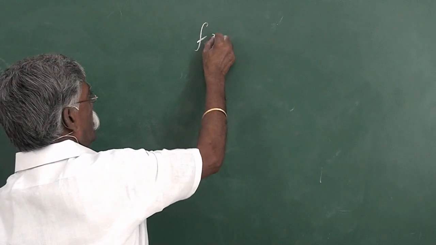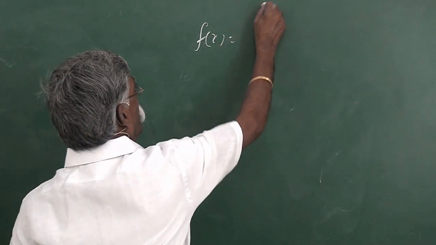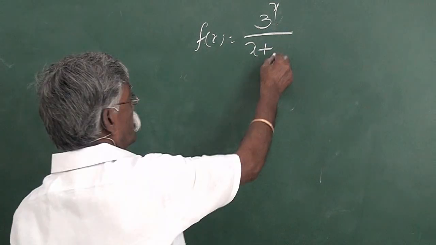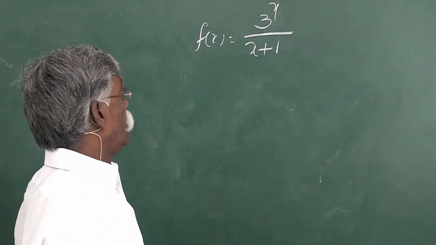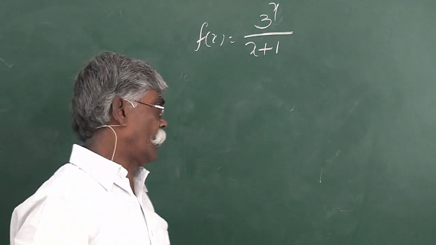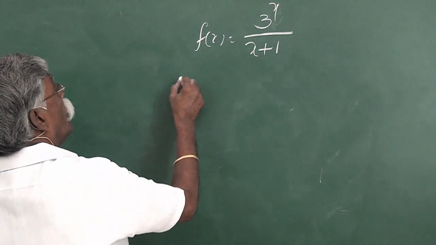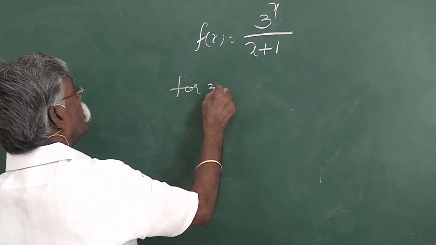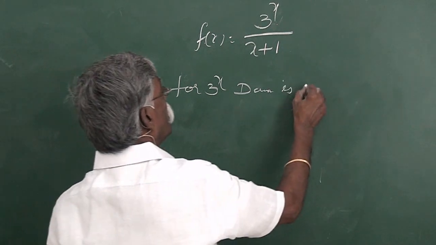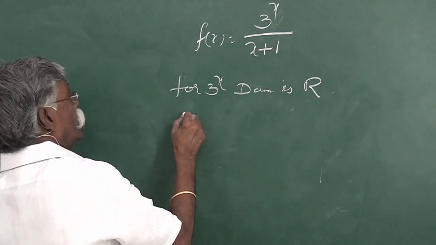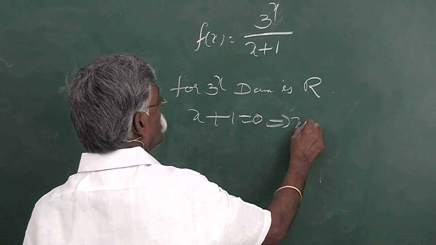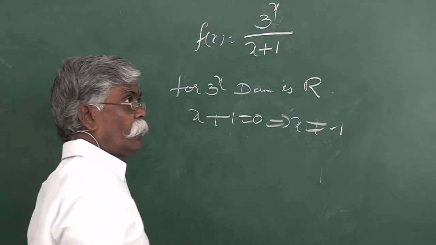Now f of x is equal to 3 power x by x plus 1. 3 power x is an exponential function for which the domain is capital R. So, for 3 power x, domain is capital R, and x plus 1 not equal to 0 implies x is not equal to minus 1.